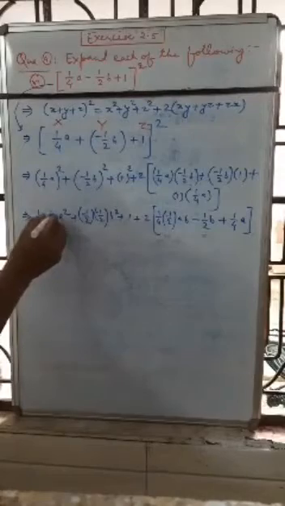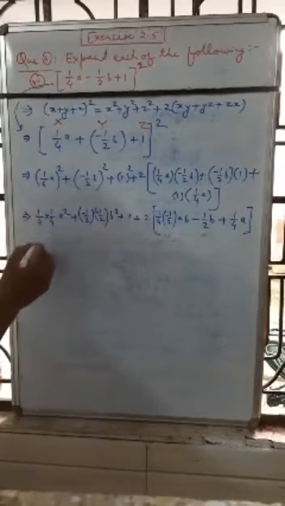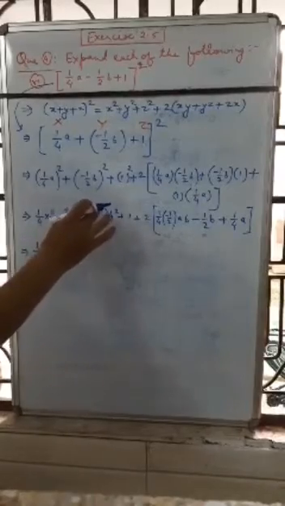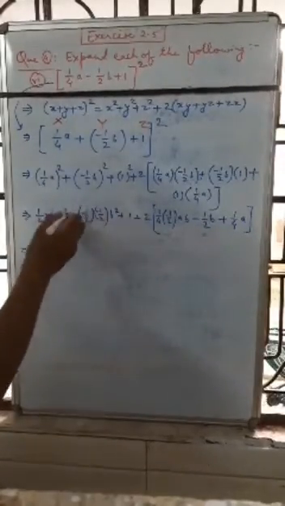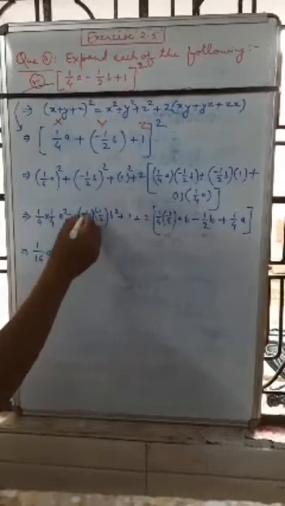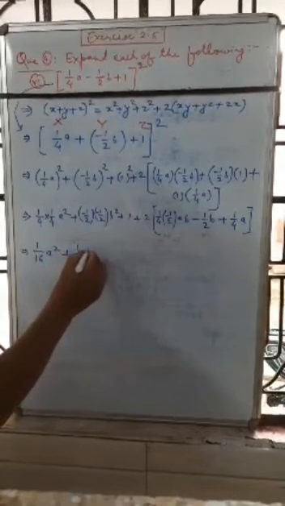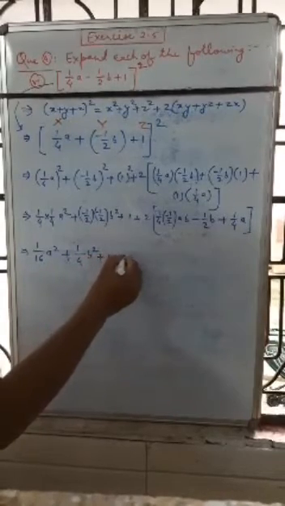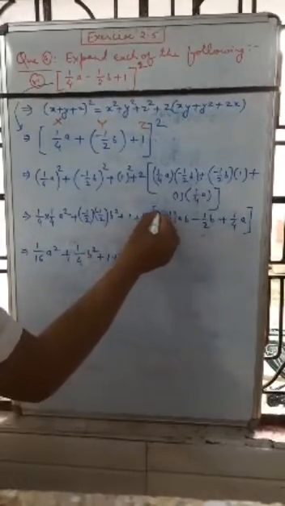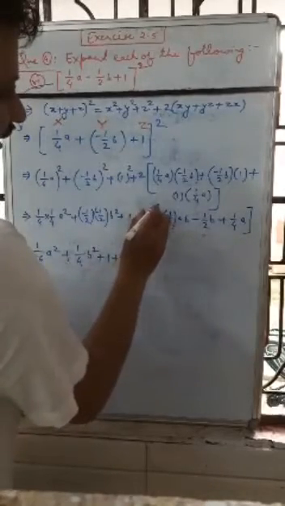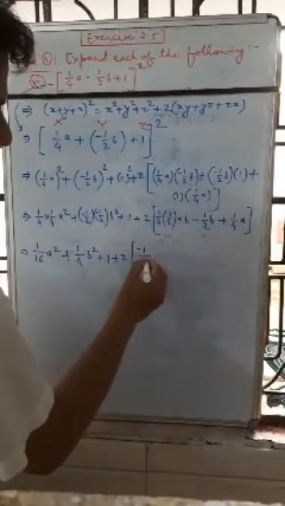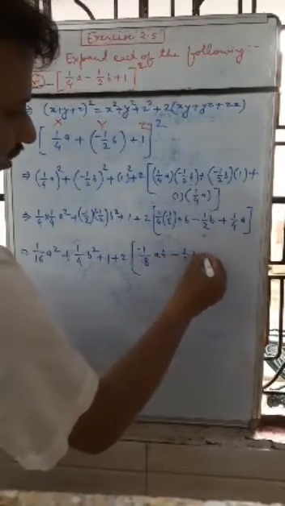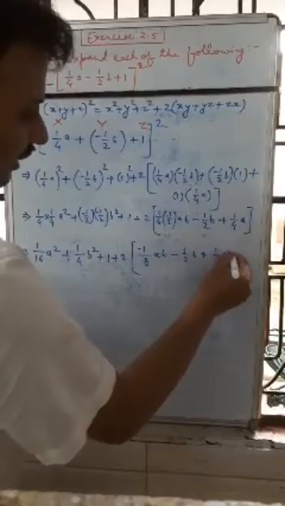Now 1 by 4 into 1 by 4, that means 1 times 1 and 4 times 4 is 16a square, minus 1 by 2 into minus 1 is plus 1, so 1 times 1 and 2 times 2 is 4b square, then plus 1, and 2 times 1 by 4, 1 into minus 1, so the sign will be minus: 1 upon 4 to the 8ab, minus 1 by 2b, plus 1 by 4a.